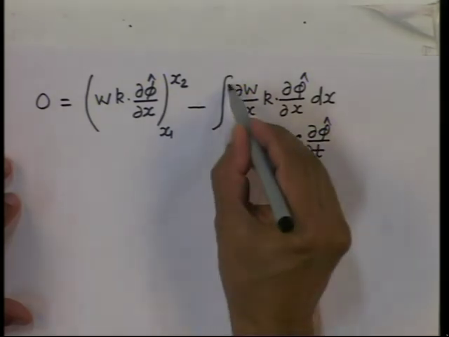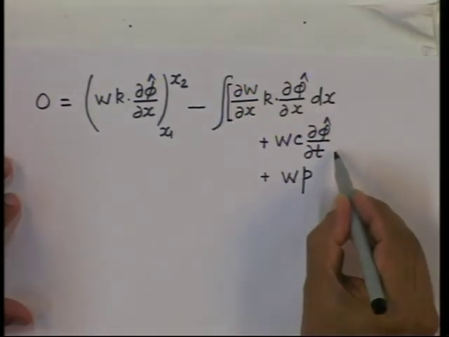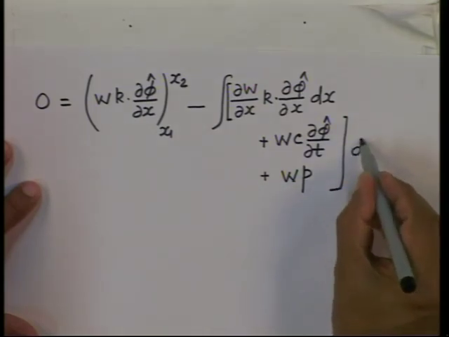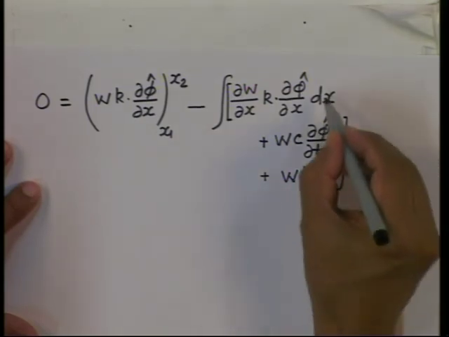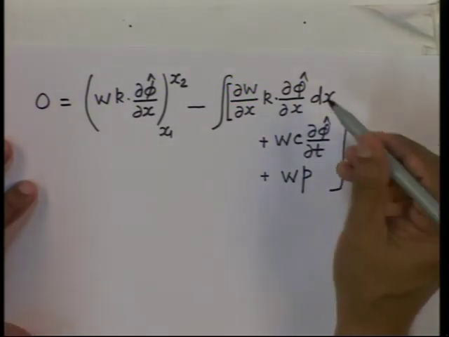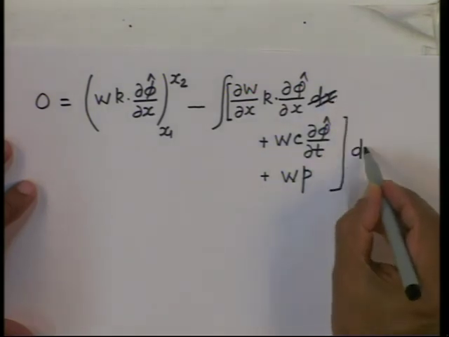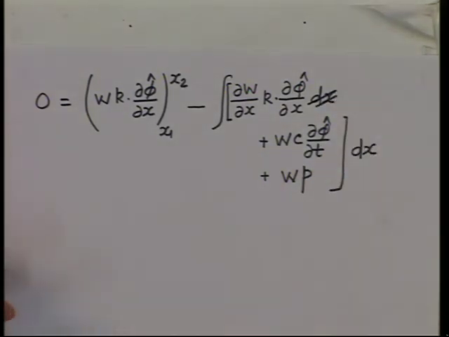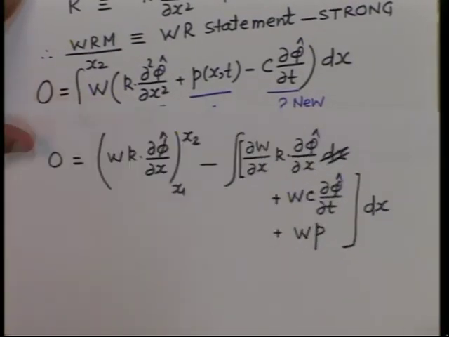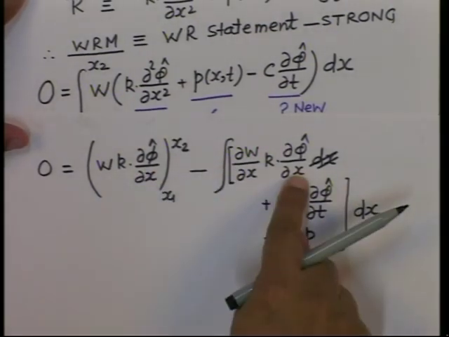So, all these 3, I think everything is under integral. So, this is the weak form of this. Yes, this is giving me this.